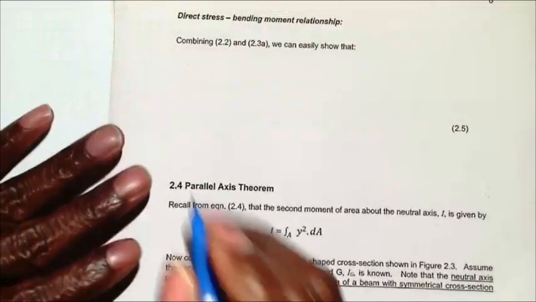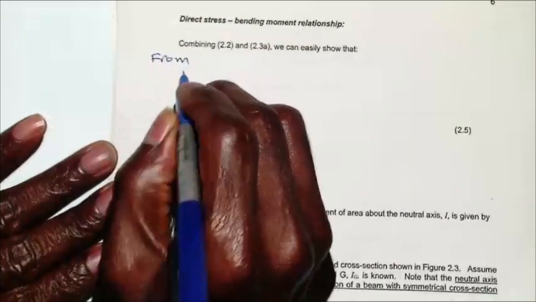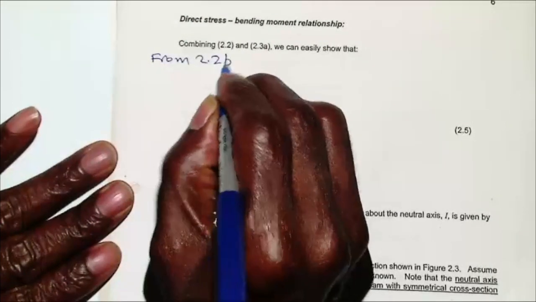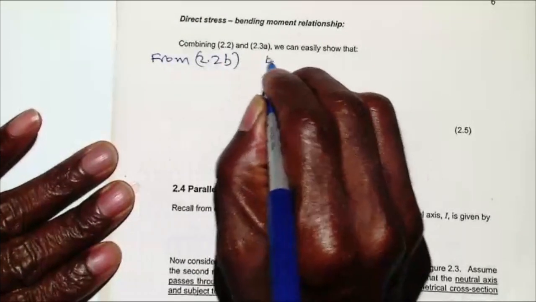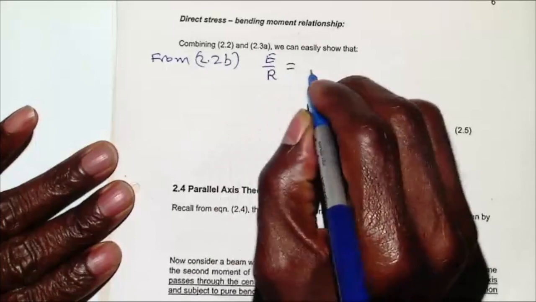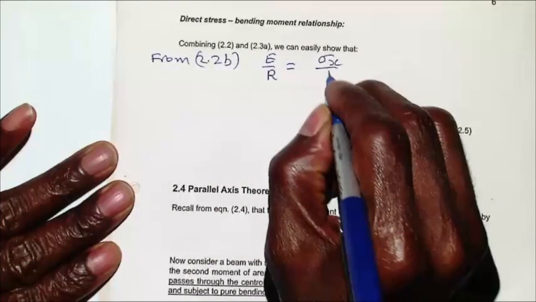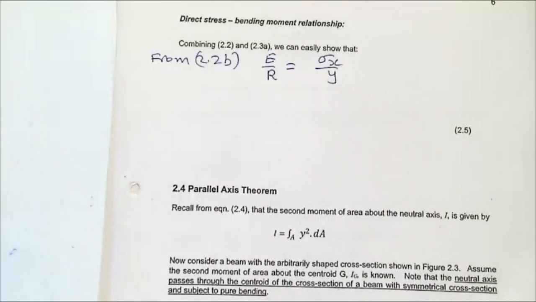So if I just rewrite that, from 2.2b, which shows that E over R equals sigma x over y. Remember, we are trying to find sigma x, the stress on the beam because of the bending. That is what we are trying to find. And we know the value of sigma x depends on how far you are from the neutral axis. And how far you are from the neutral axis is our y.